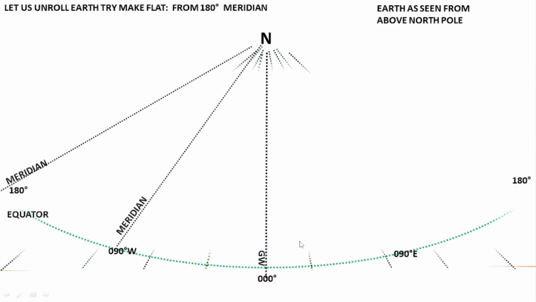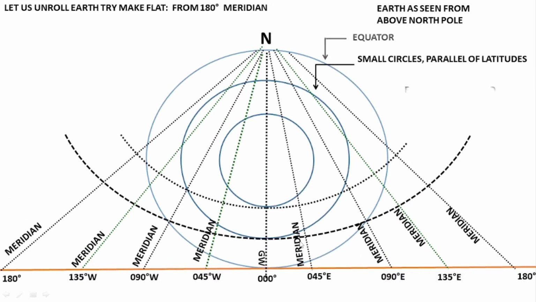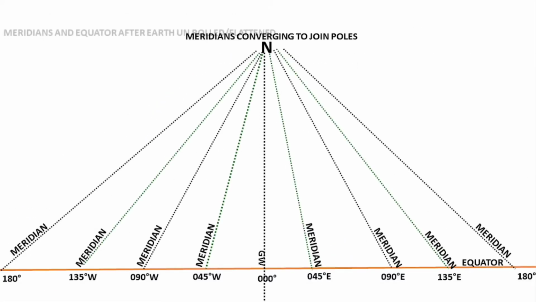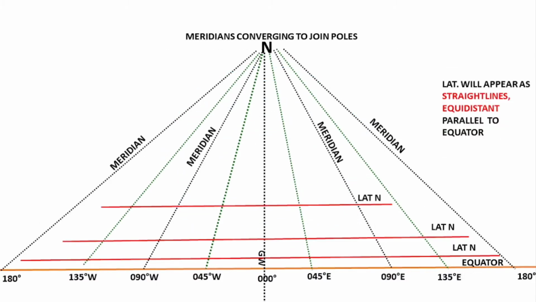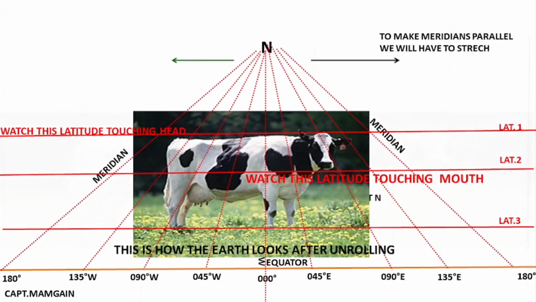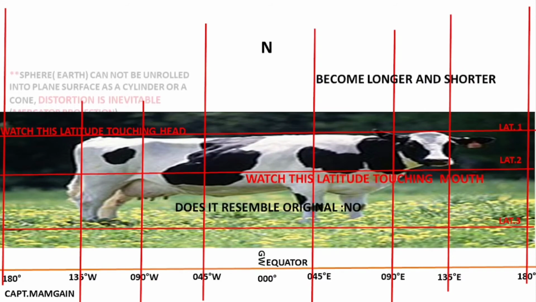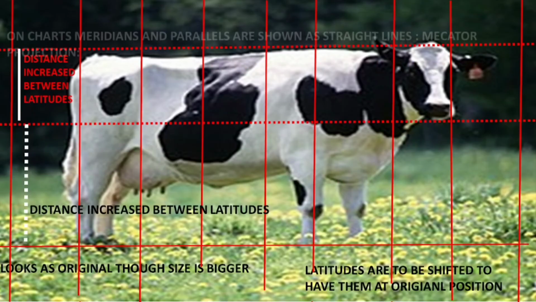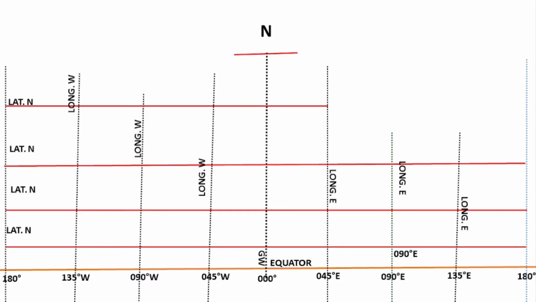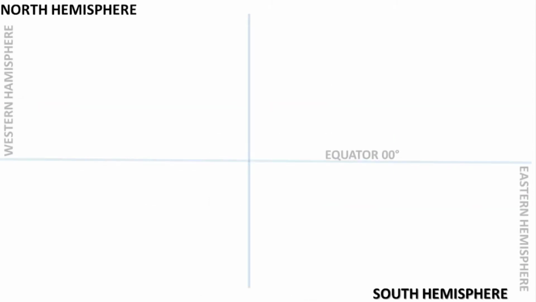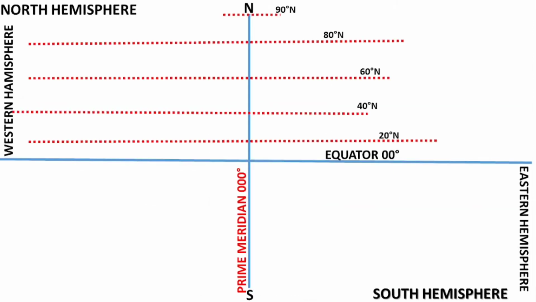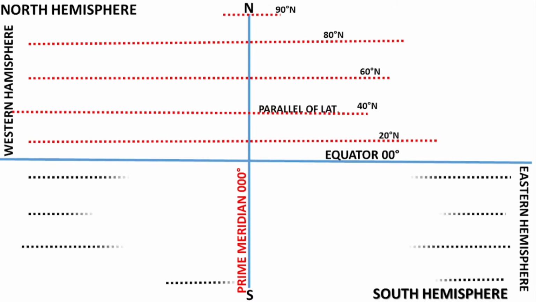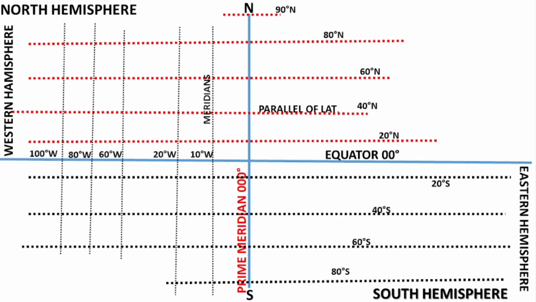So I am going to skip this part, because this is a topic we'll deal with when I get to Mercator sailing, and at that time we'll talk about how these lines have been made straight, the longitudes and latitudes, because latitudes are also circles and the longitudes converge towards the pole. This is how they look on the chart, and ultimately the latitudes and longitudes would appear something like this.